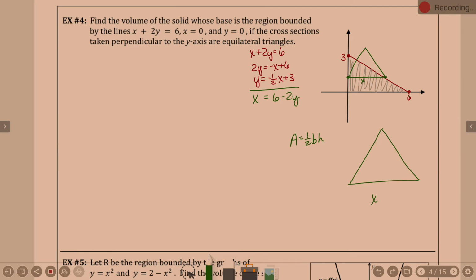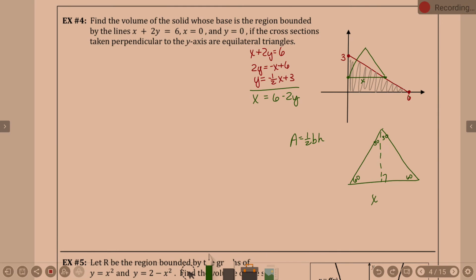Now, this was an equilateral, right? So we're talking a 60, 60, 60. But here's the deal. I need to know the height of that thing. In order to know the height of that thing, this is going to break up into two 30, 60, 90s. Are you seeing it?